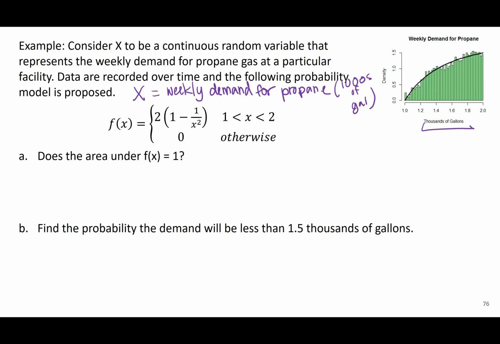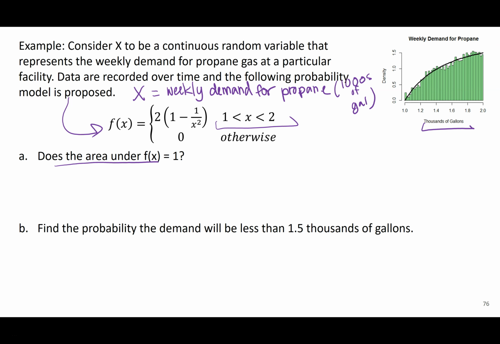Data are recorded over time, and we have the following model. Our PDF is equal to 2 times this quantity when x is between 1 and 2, and this is important too, it's 0 everywhere else. This is saying there's no probability whenever we're outside of that interval from 1 to 2.